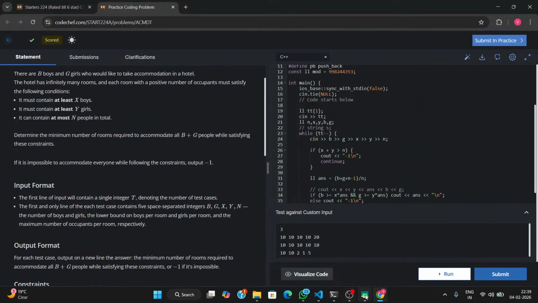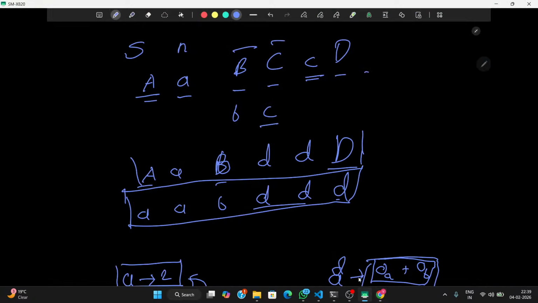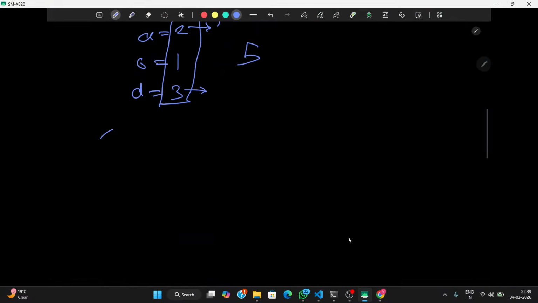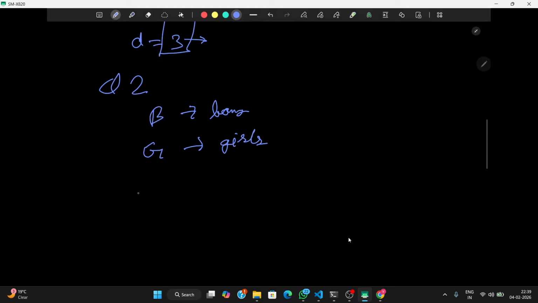So that's question two. We have B boys, we have G girls, and we have some infinite number of rooms.